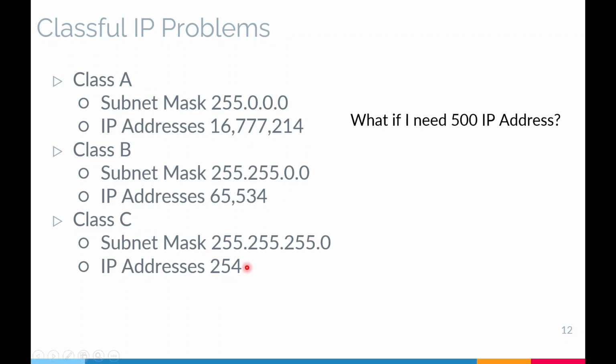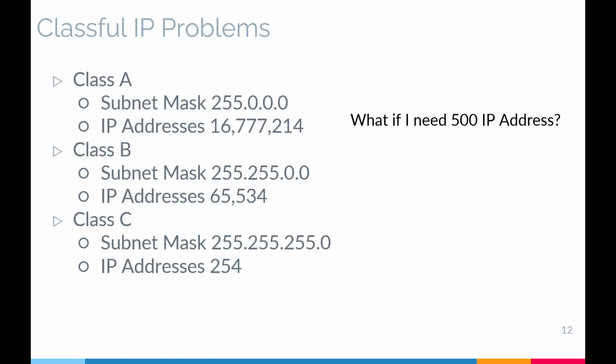After 254, it's directly 65,000, and after 65,000, it jumps to 16 million. So if I had to add 500 IP addresses, I have no option but to choose class B IP addressing, and it gives me 65,534. So this eventually leads to wastage of IP addresses.